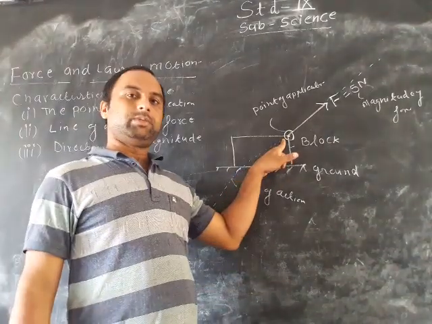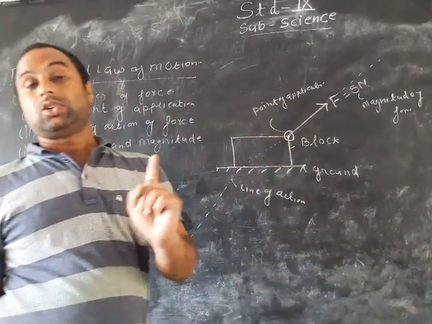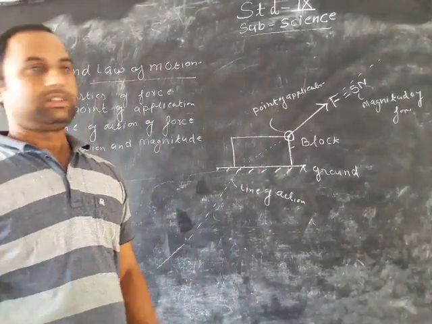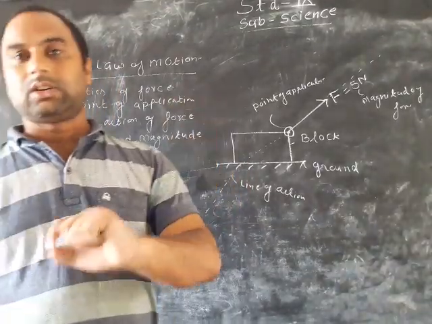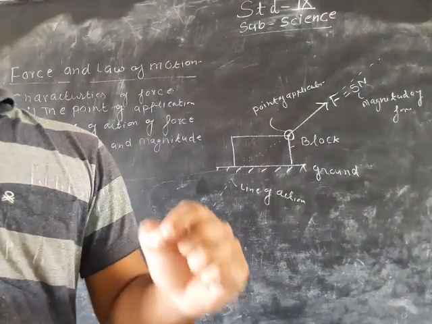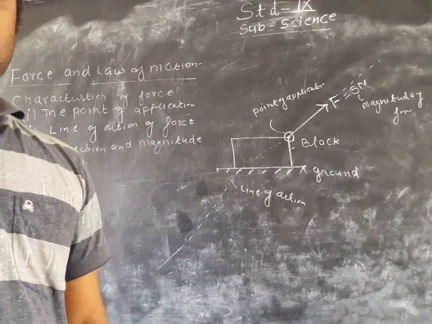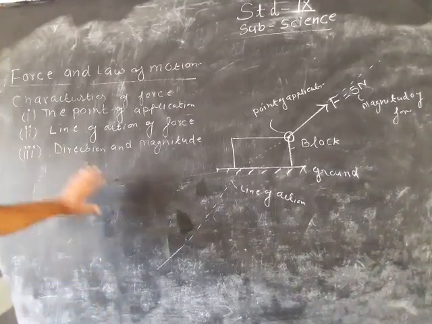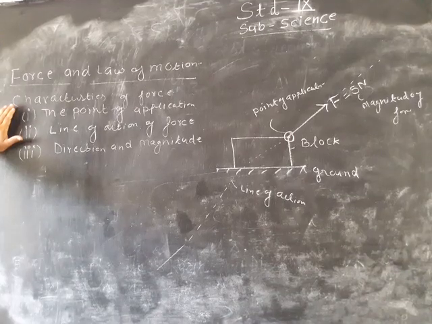This is the point of application, where the force is acted, and this is always inside the body. It means the point of application is a point inside the object, that particular point where the force is acted. These are the basic points. So we have discussed the three basic points, known as the characteristics of forces.